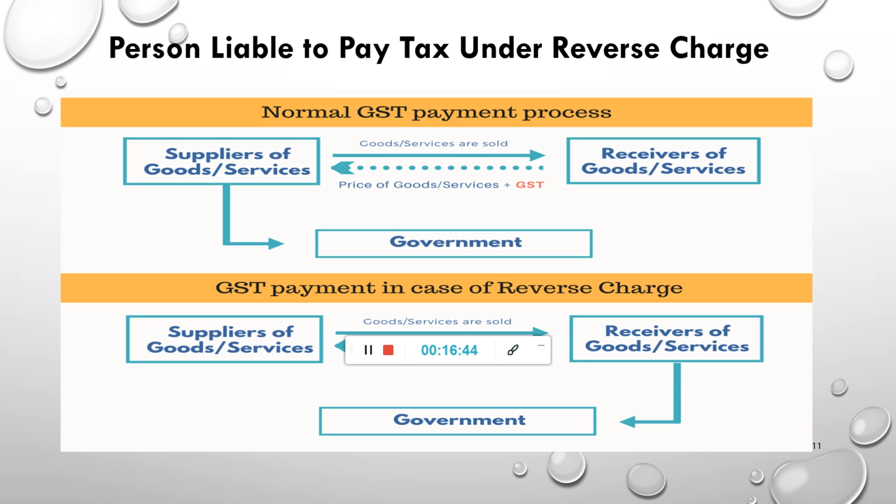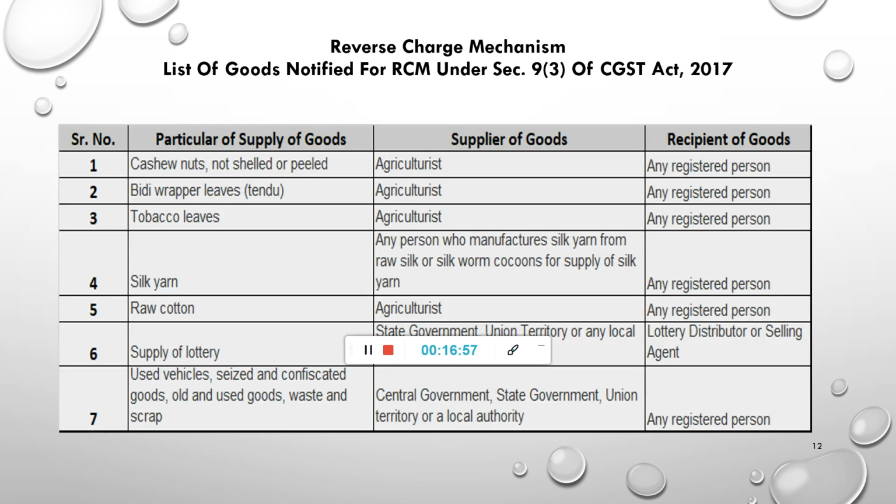Important points to be taken care of under RCM, or reverse charge mechanism: Goods and services notified under section 9(3) and 9(4) must be registered under GST. Under the reverse charge mechanism, the GST applicable must be submitted to the government by the 22nd of the next month.